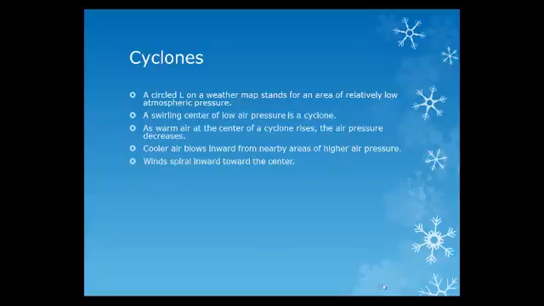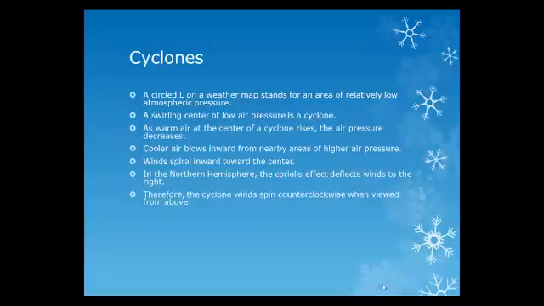Winds spiral toward the center. In the northern hemisphere, the Coriolis effect causes a deflection of those winds. So in the northern hemisphere, cyclones spin counterclockwise when viewed from above.